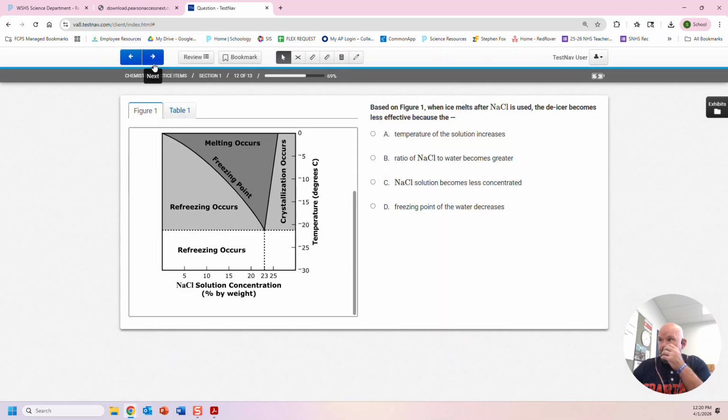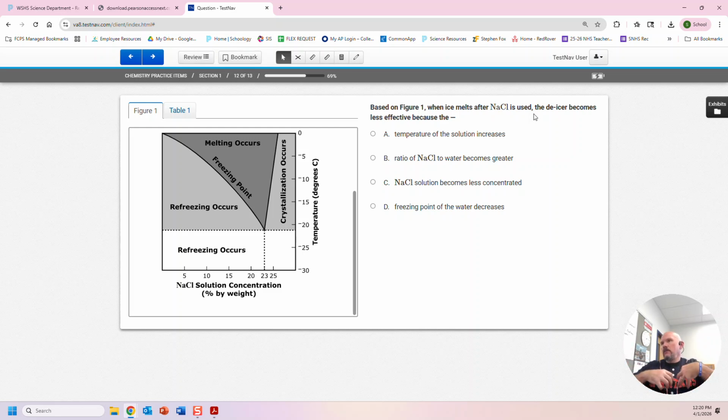All right, next one. When the ice melts after sodium chloride is used, the de-icer becomes less effective. So as ice melts, what is it turning into? It's turning into water. So it's increasing the volume of the solution by adding more solvent. We're diluting the solution because as the ice melts, it's part of the solution now.